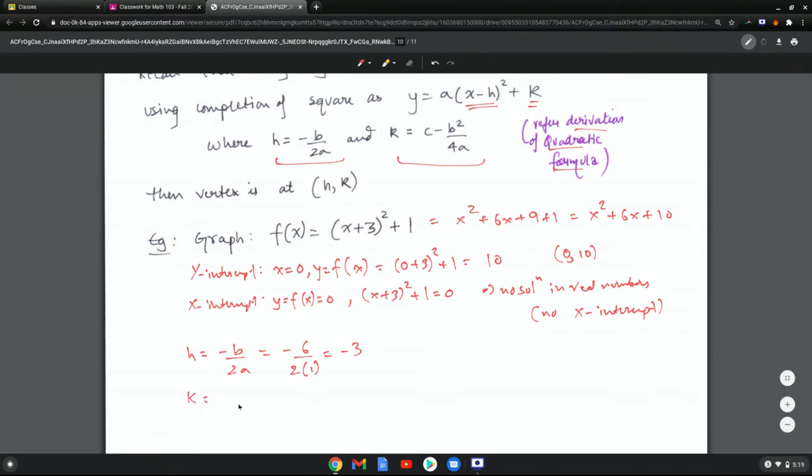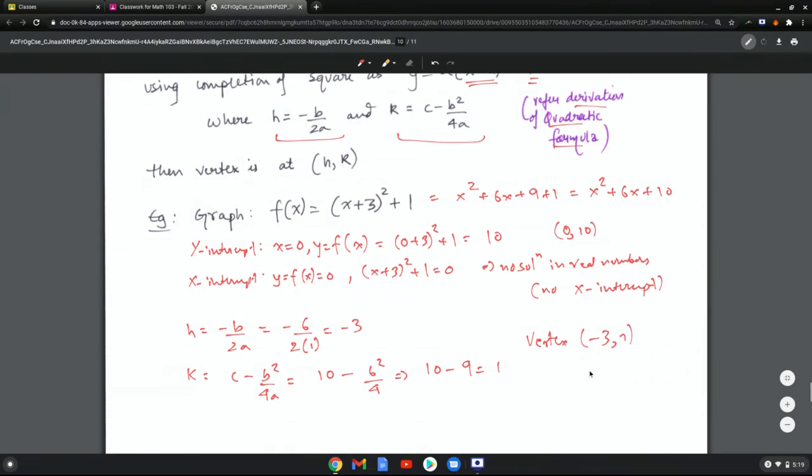And k, which is c minus b squared over 4a, is 10 minus 6 squared over 4, which is 10 minus 9, which is 1. So the vertex is at negative 3, comma 1.